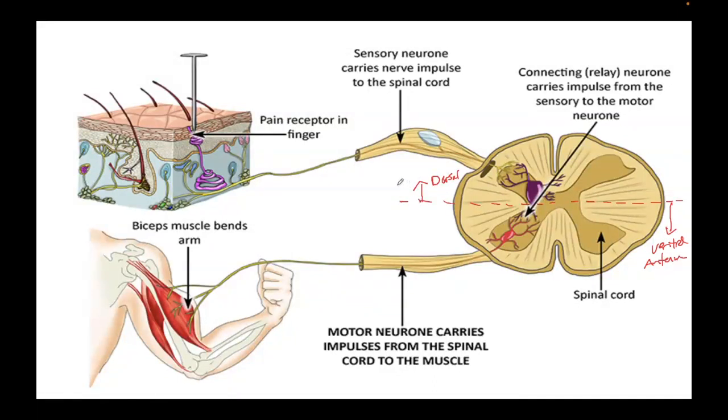This is dorsal or posterior. Again, this is the cross section of the spinal cord off to the right.